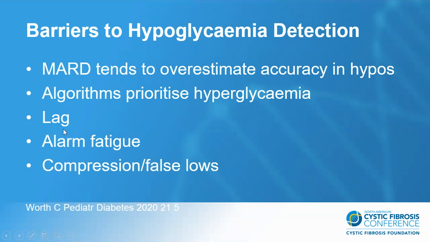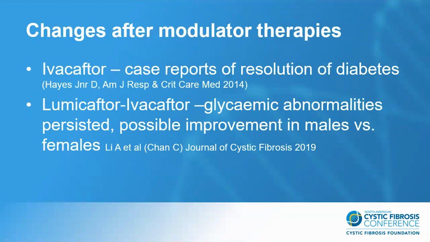There's the lag we spoke about, and there's fatigue on the part of the patient or family to alarms, particularly if there have been a lot of false lows. Recent modulator therapy, particularly with ivacaftor, looked very promising, but combined therapies perhaps may not be as productive of glycemic improvements.